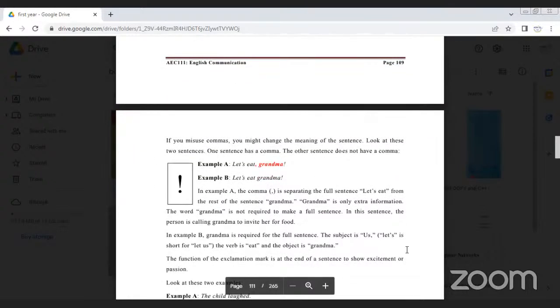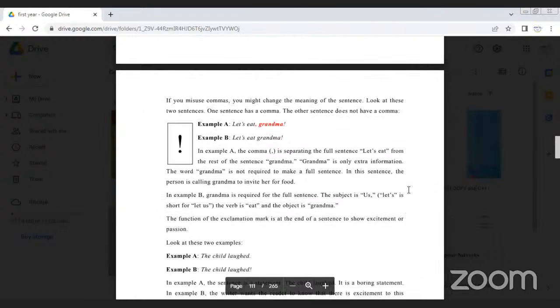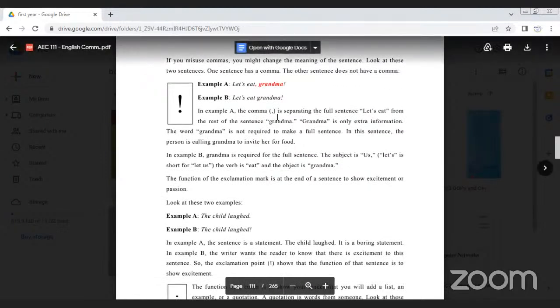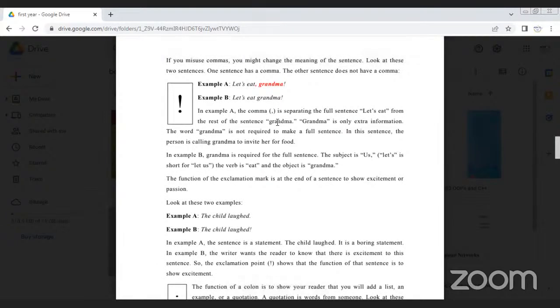Then let's see the exclamation mark. If you misuse commas, you might change the meaning of the sentences. Look at these two sentences. One sentence has a comma. The other sentence does not have a comma. Let's see example A: Let's eat, grandma, exclamation mark.